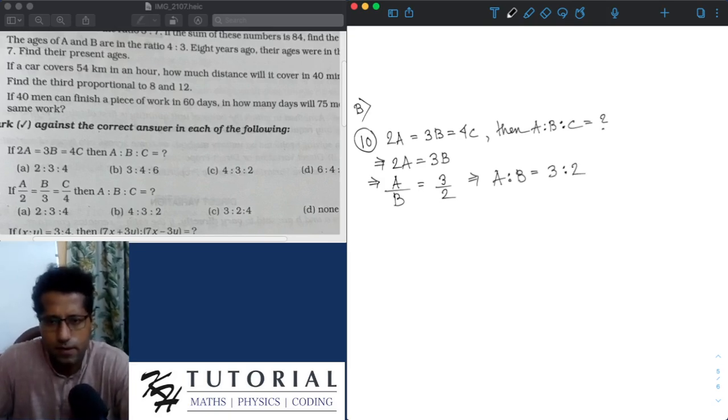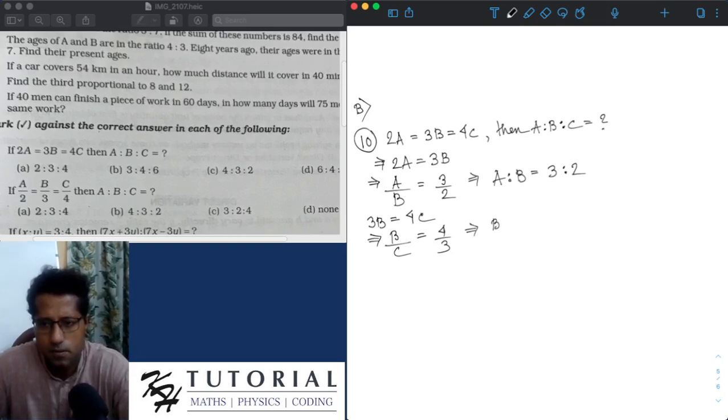Also from the fact that 3B equals 4C, this implies that B by C equals 4 by 3. This implies B is to C equals 4 is to 3.